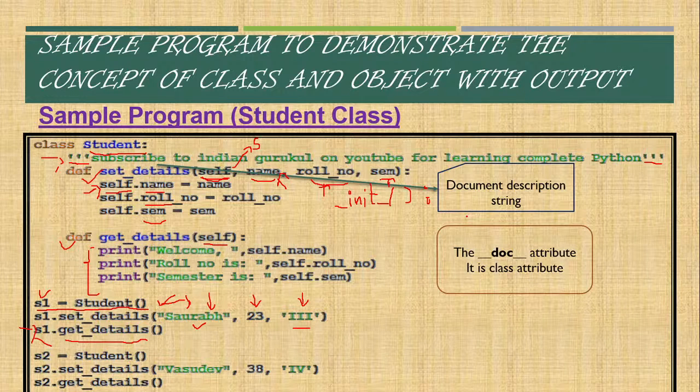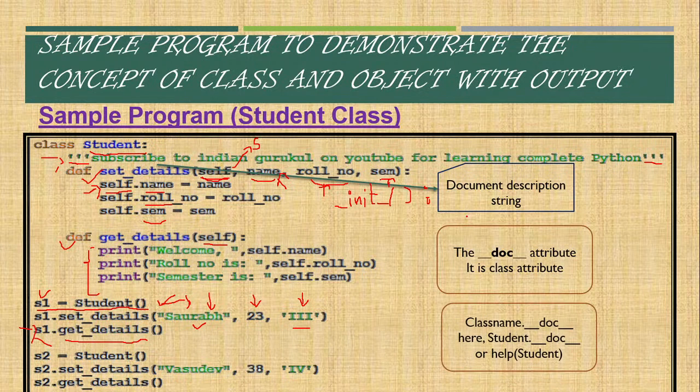If we want to print this description, which here says subscribe to Indian Gurukul on YouTube for learning complete Python, we first need the name of the class, followed by a dot, and then __doc__, because it is a class type attribute. Over here the class name is student, so Student.__doc__.